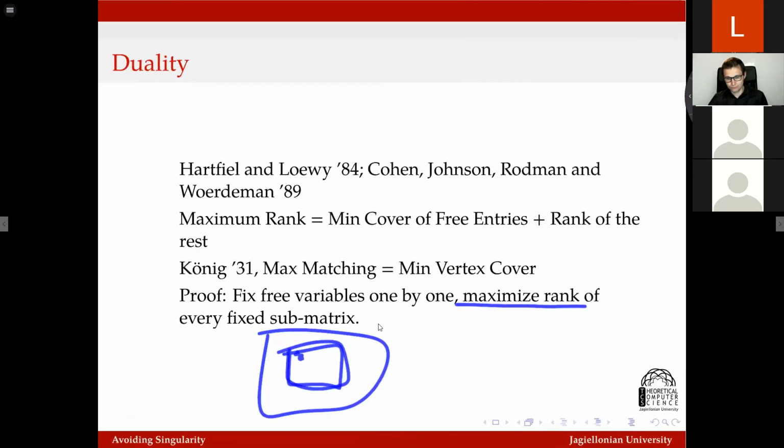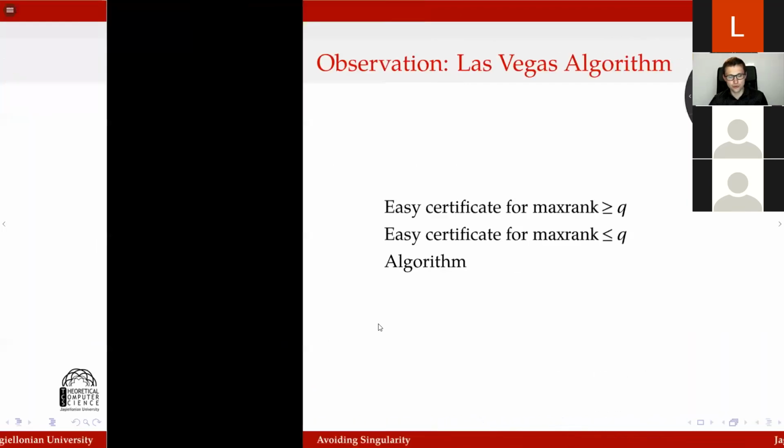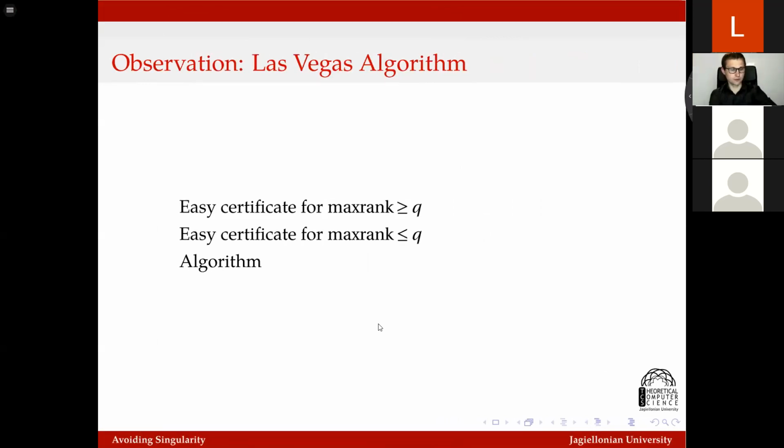And going back through this proof, you can construct a randomized algorithm which gives you one of those certificates. Either you get a certificate that max rank is at least Q or at most Q, and this allows for a Las Vegas algorithm, because you can run this randomized algorithm that gives you positive certificates and negative certificates, and at some point with high probability you will get matching certificates.